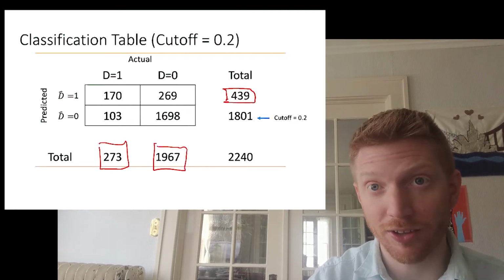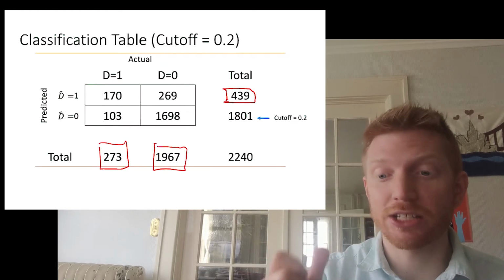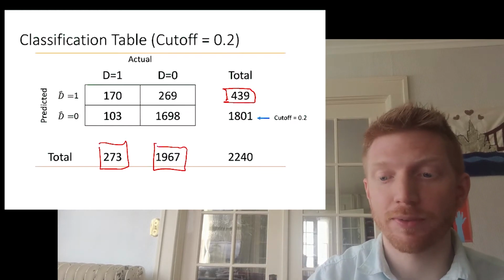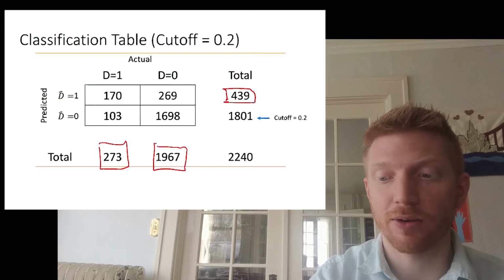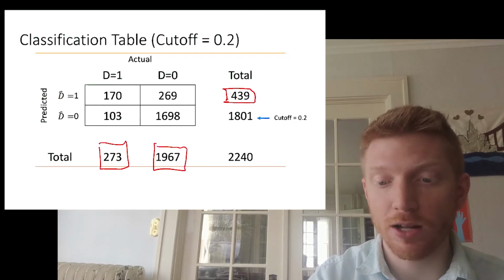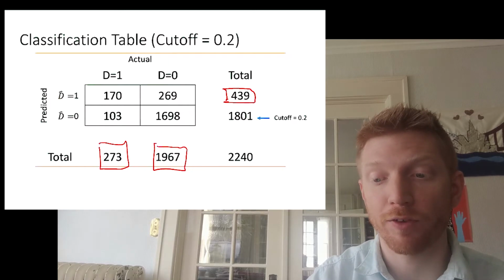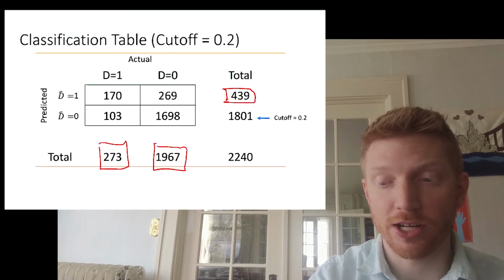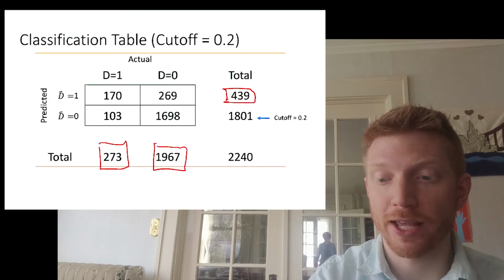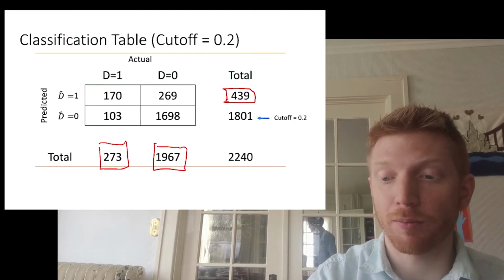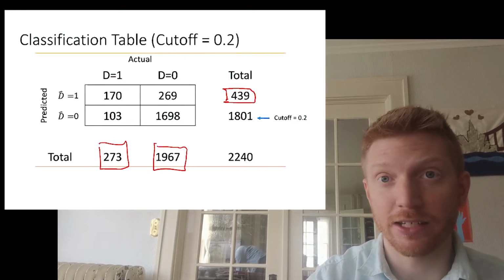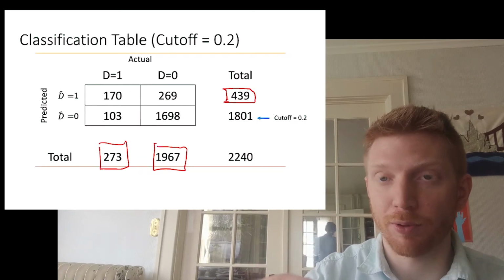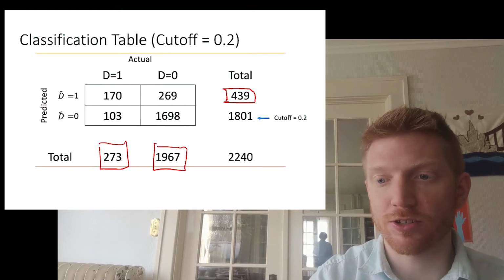Changing your cutoff value obviously does not change the actual. So the totals in that column do not change. However, the totals across your rows, your total of your predicted, are changing. So you can't move across the actuals, you simply are moving observations from predicted acceptances to predicted denials.